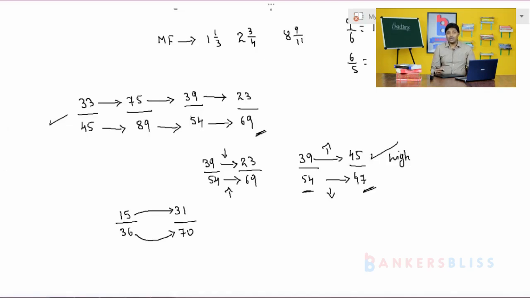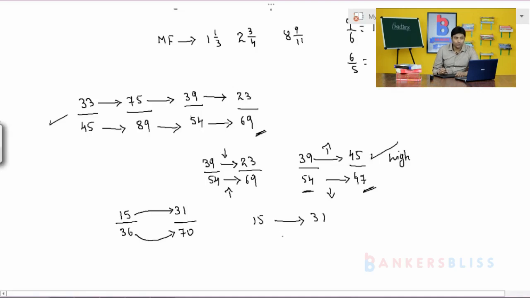So in this case what we have to do? See here, the best thing is you have to identify how many times the numerator is increased. See here, the numerator is 15 and next the numerator is 31. So how many times it is going? 15 into 2, 30 means twice, it is increasing.